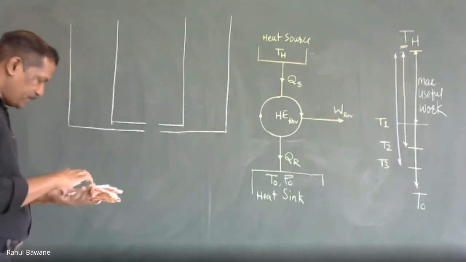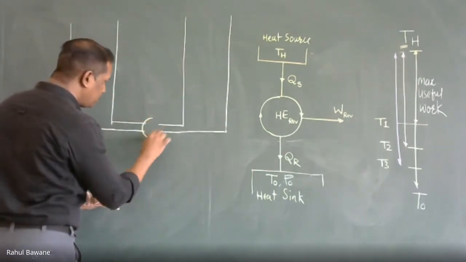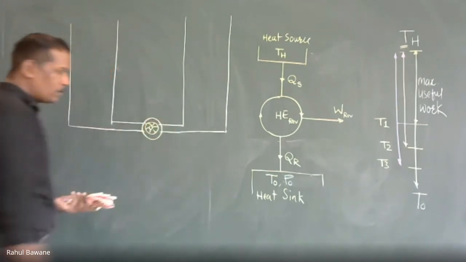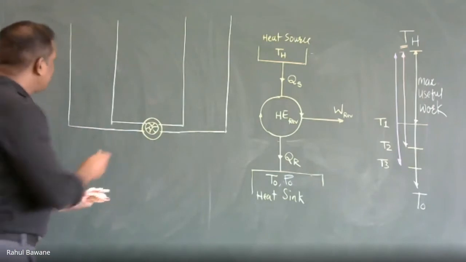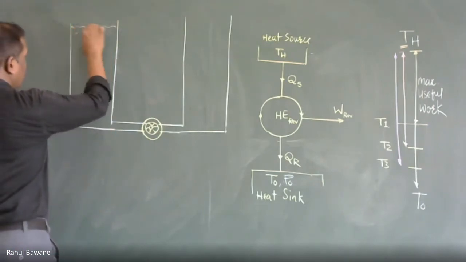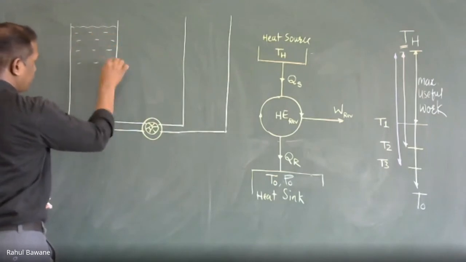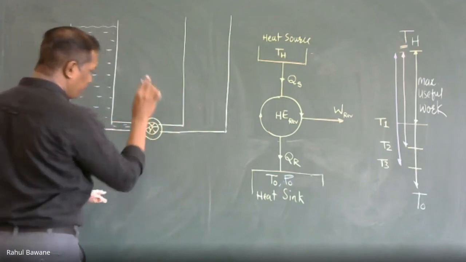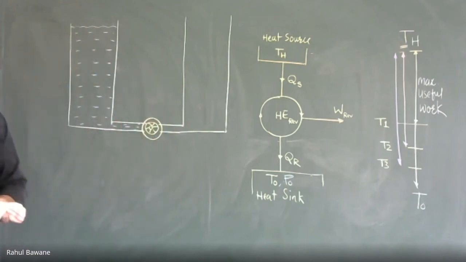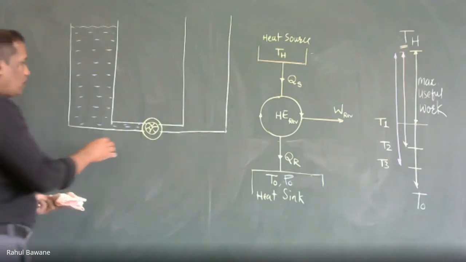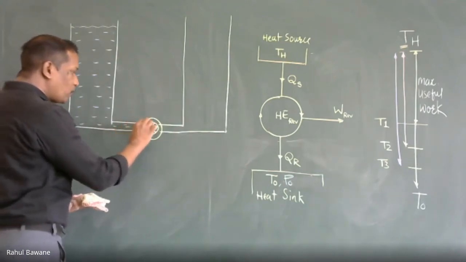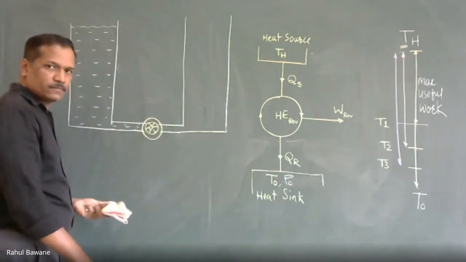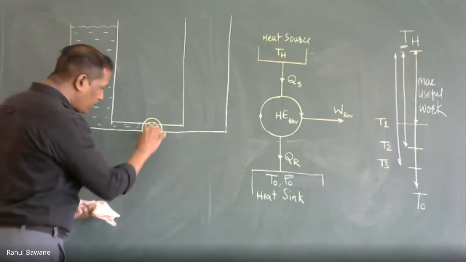And in between, there is one turbine. One reservoir is filled with water. The second is empty. Now, as soon as I allow this water to flow, the turbine will move and we are obtaining work output.